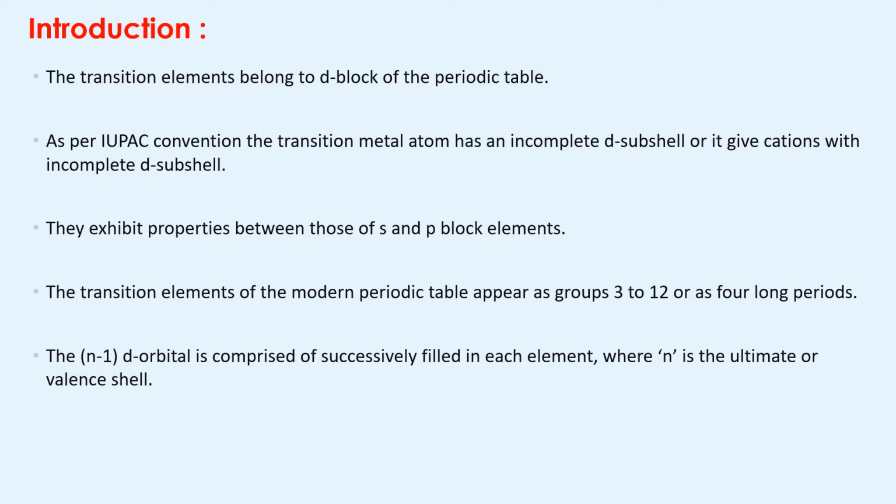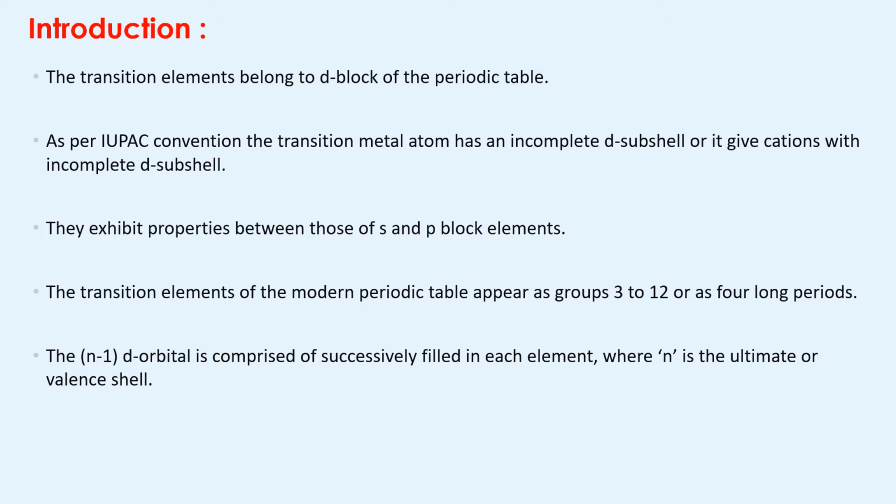In the periodic table, transition elements are placed between groups 3 to 12 and periods 4 to 7. So first we start with the first transition series, that is the 3d series.